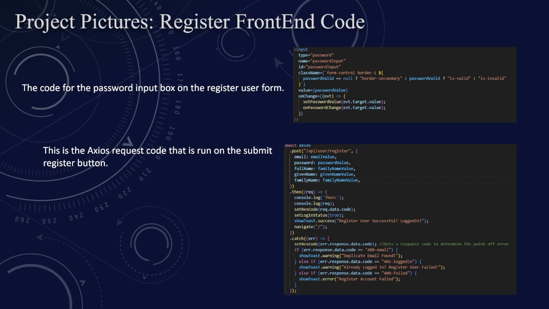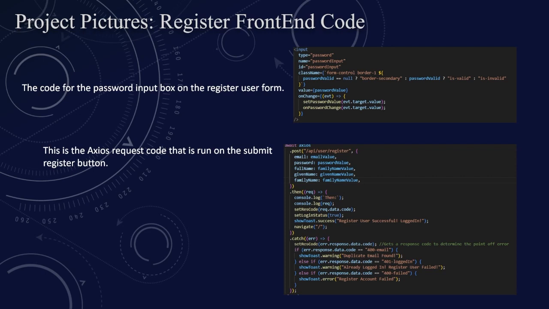Every time you change the value, it's going to update the value variable. Also, it'll run an on password change function, which basically verifies that the password's correct as you're typing.